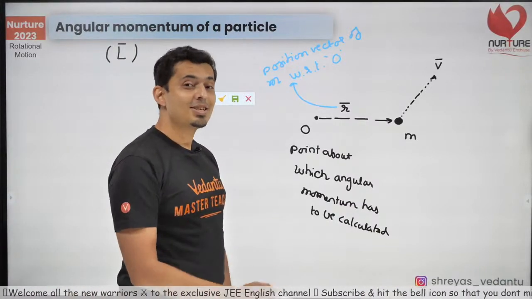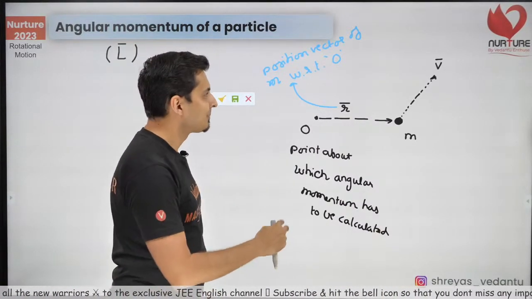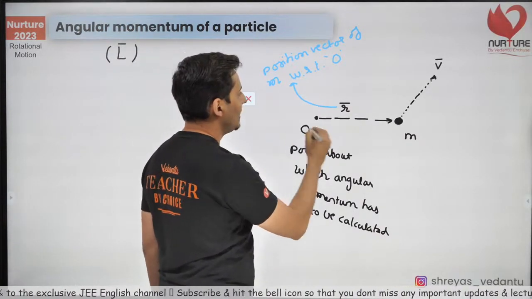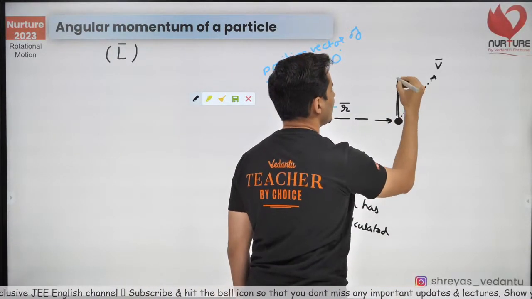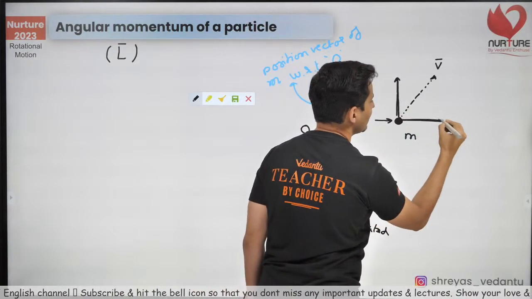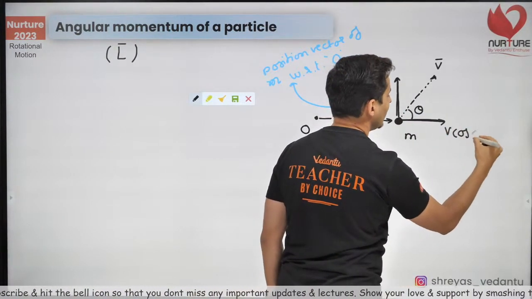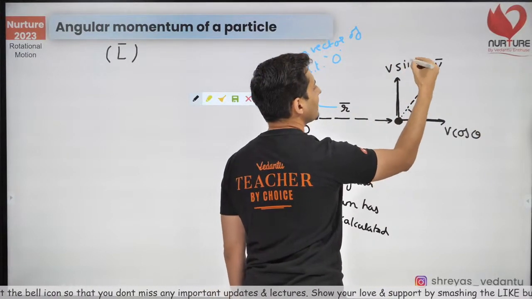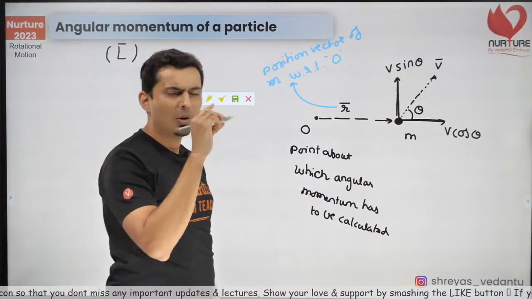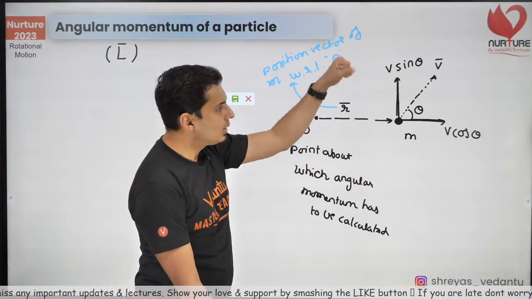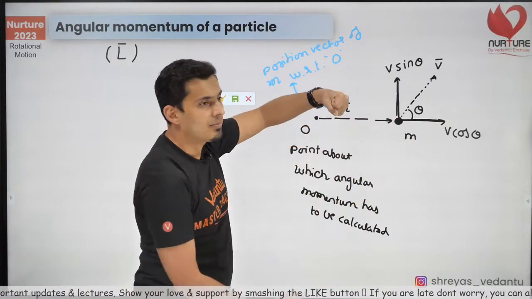Now, this velocity, just like in force, has two components. So let me show you both the components of this velocity. This angle is theta, this is V cos theta, this is V sin theta. I want you to think, which component do you think will create an angular impact?